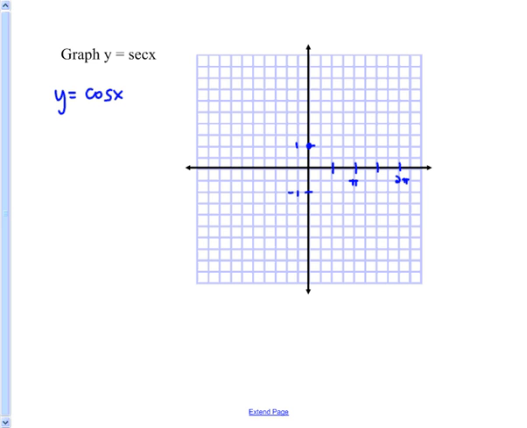So it starts at 1 and then goes to 0 and then -1 and then 0 and then 1. So it comes off nice and smooth like this. But remember, it also extends out. So if you wanted to have an actual continuing curve, that's what it would look like.